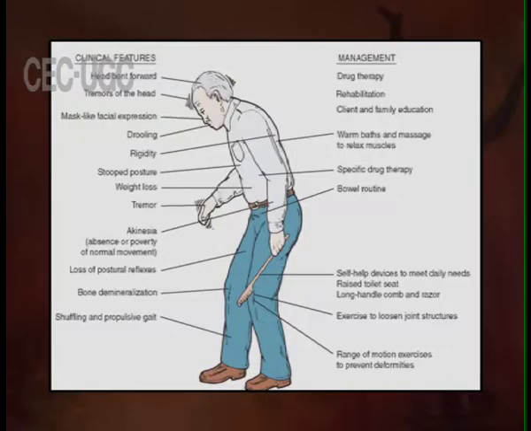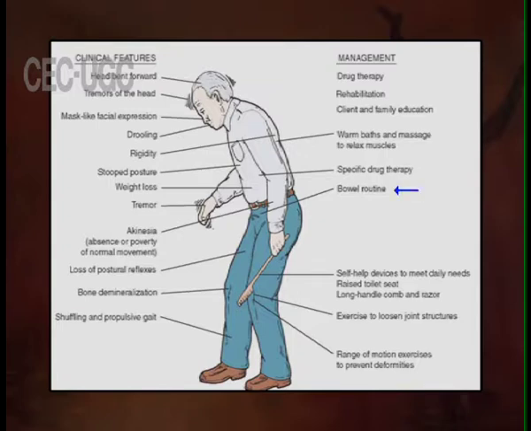Hence, client and family education about the problem, awareness created about the problem, and the ways of management being explained to the family and the caretakers, the primary caretakers, especially be it spouse or children or whoever the primary caretaker is, is very important. In addition, to help with problems like rigidity, warm baths and massage to relax muscles may be helpful. Then specific drug therapy may be used for the weight loss and tremors.